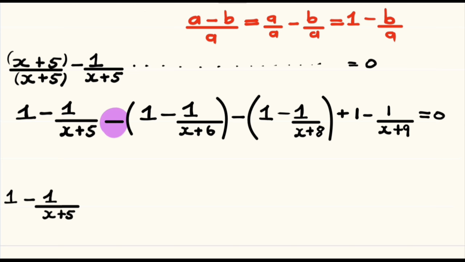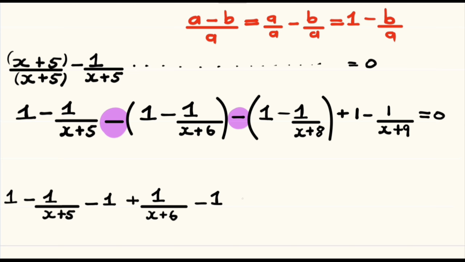Let's distribute that negative. So negative multiplied by 1 will be negative 1. And that negative multiplied by negative 1 in the numerator will be positive 1, which we divide with the x plus 6. We distribute that negative. So negative multiplied by 1 will be negative 1.